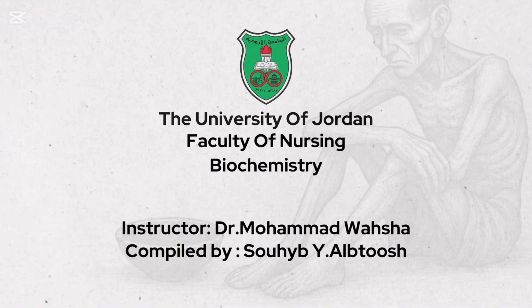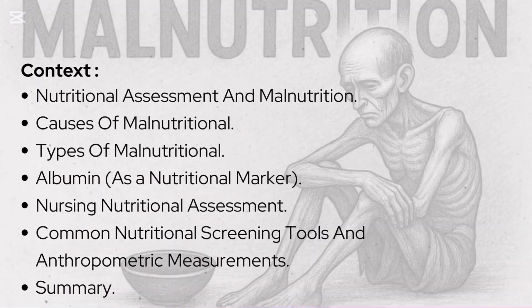We will explore how biochemistry helps us understand and manage malnutrition in clinical settings. Let me give you a brief overview of what we will cover in this presentation. We will begin by defining what a nutritional assessment is and how it relates to malnutrition.